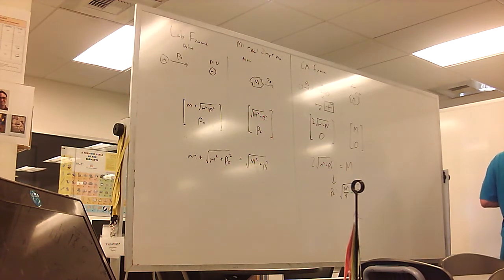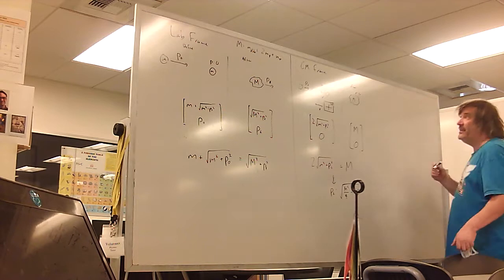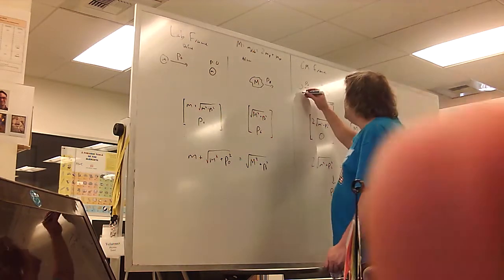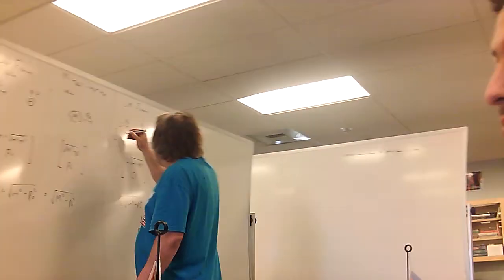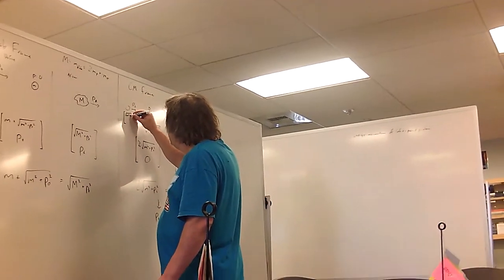In fact, if I do that, I divide out that 2, square both sides, it looks like I'm getting P2 equals the square root of big M squared over 4 minus little m squared.